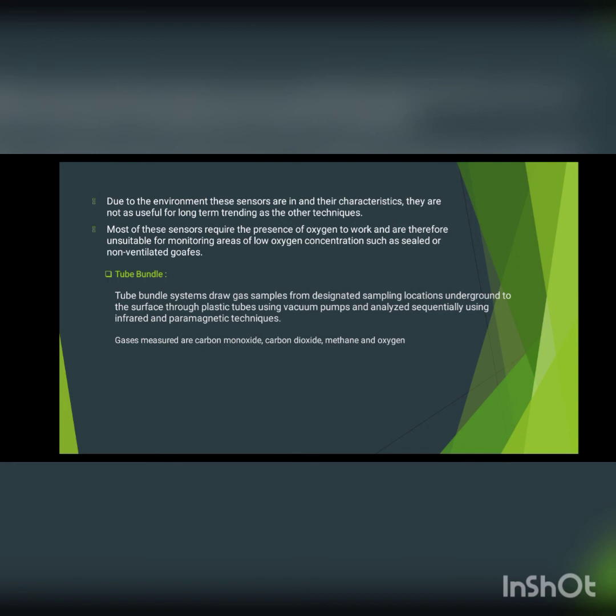Due to the environment these sensors are in and their characteristics, they are not as useful for long term trending as other techniques. Apart from these things, we can have a machine learning model which monitors the mine.